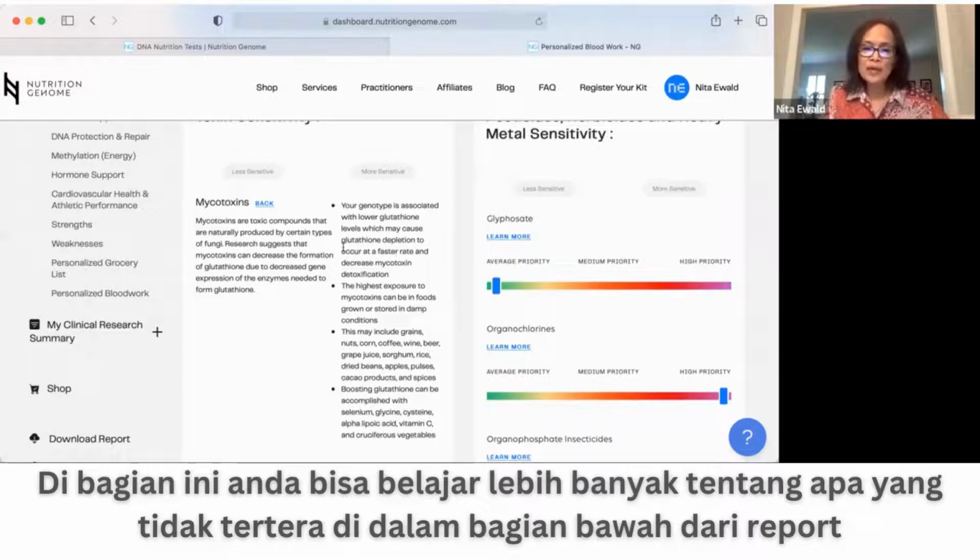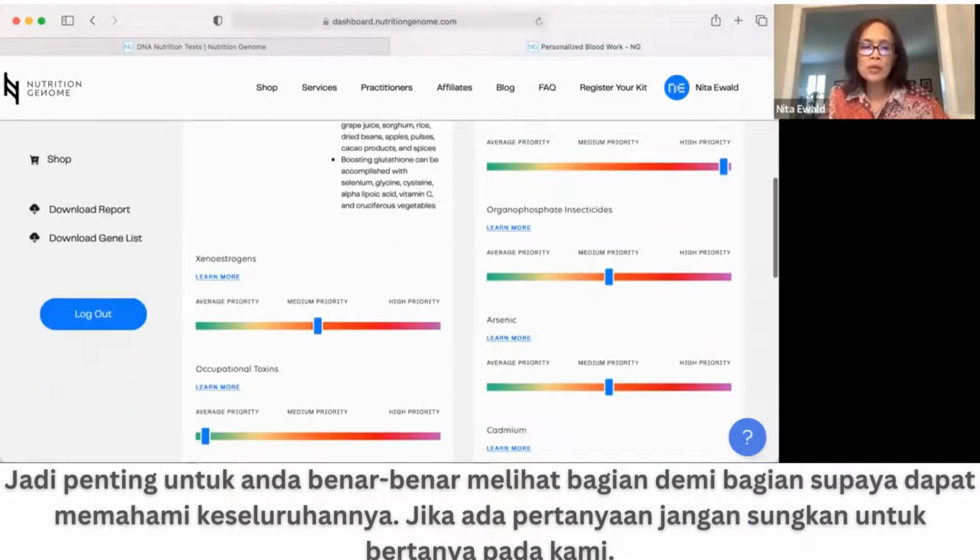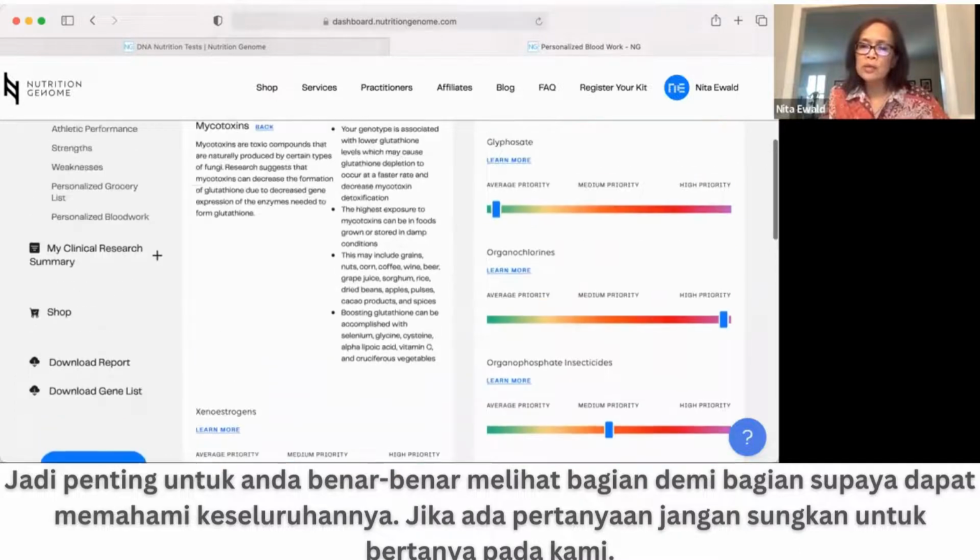So in this part of the report, you can actually learn more about the detail that was not included in the bottom half of the report. So you do really need to go through section by section in order to understand.